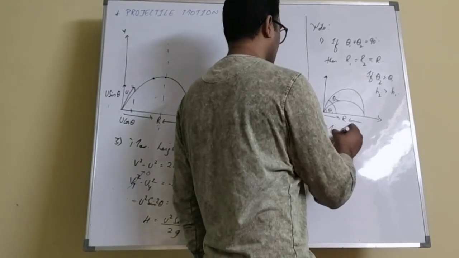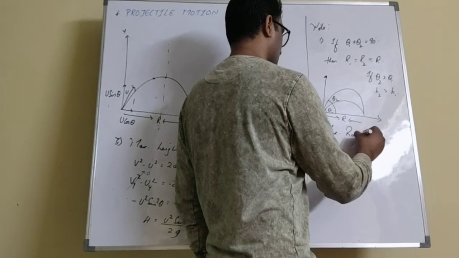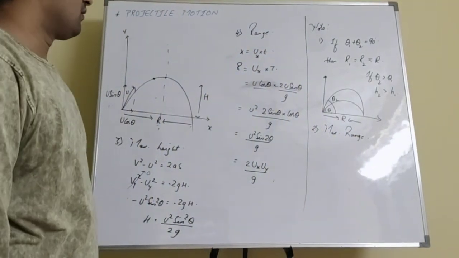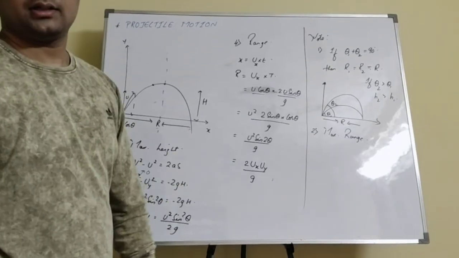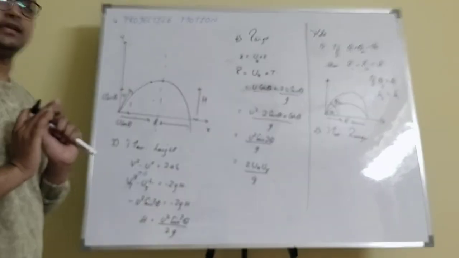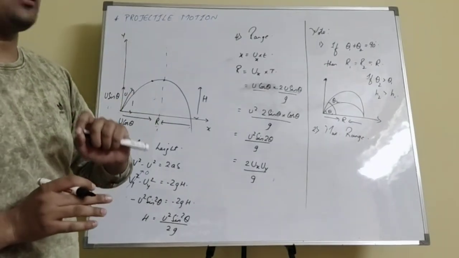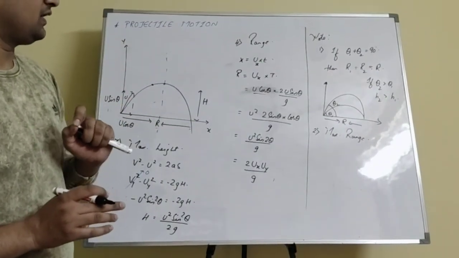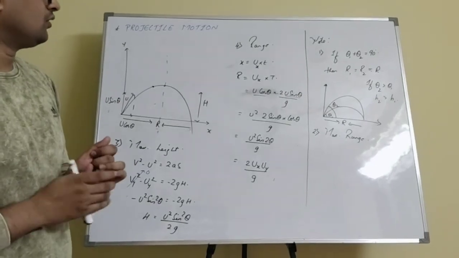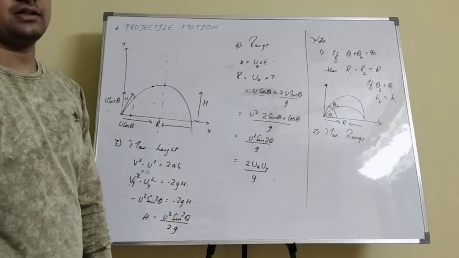Maximum range. Now suppose your velocity is fixed. You can't throw any projectile with speed greater than a certain limit. Let's say you can throw a projectile with 20 meters per second only, and I want you to maximize your range.